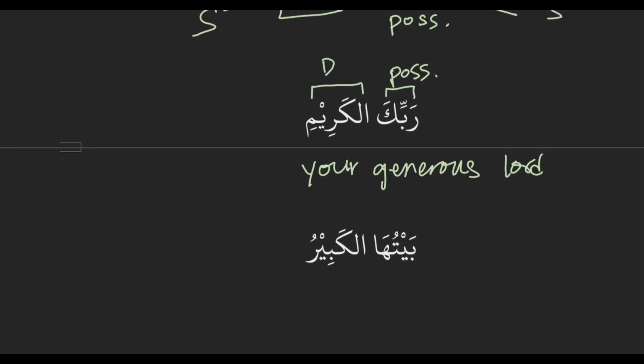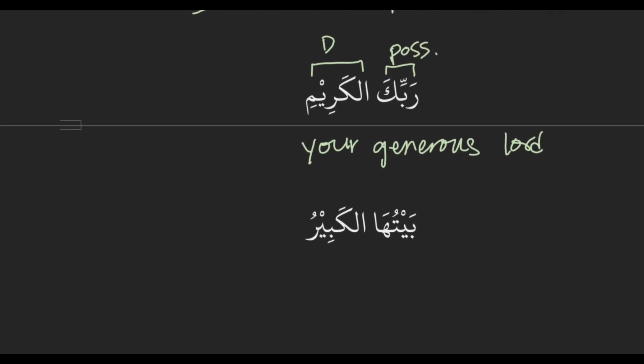Okay, one more. Baytuha al-Kabir. So we have two words, Baytuha and al-Kabir. Ha is an attached pronoun. So Bayt is general, ha is specific, making that possessive. And when we describe a possessive, the description has to be specific, so it has to have al.